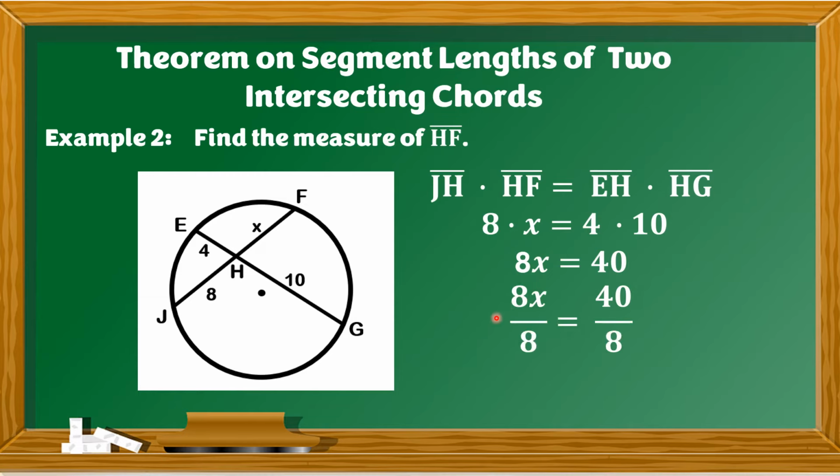So 8x divided by 8 is equal to x, and 40 divided by 8 is equal to 5. So the value of x is 5. Therefore, the final answer is the measure of line segment HF is 5.